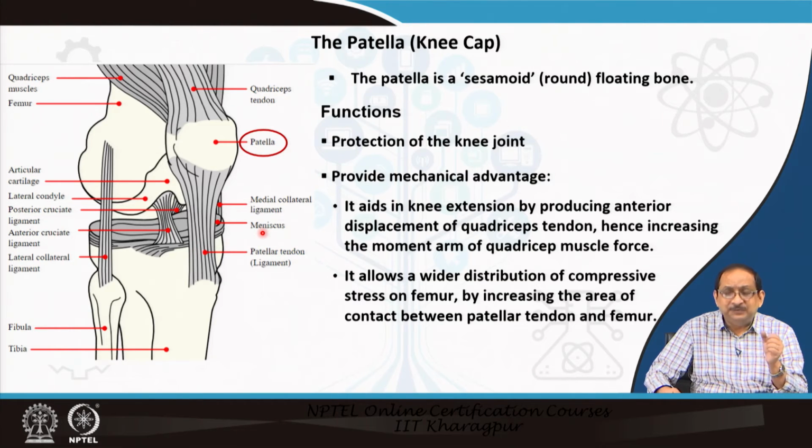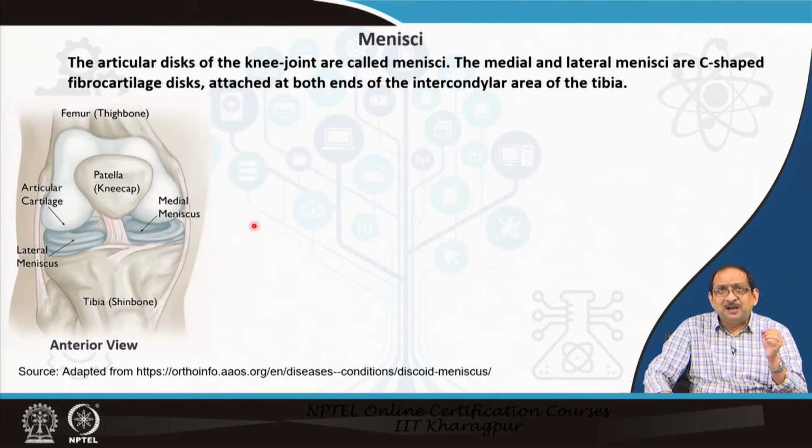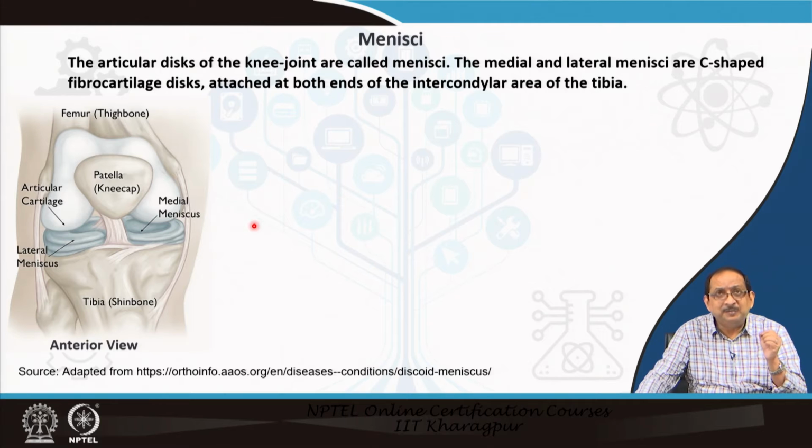Menisci are referred to as the articular discs within the knee joint. The medial and lateral menisci are C-shaped fibrocartilage discs, attached at both ends to the intercondylar area of the tibia.